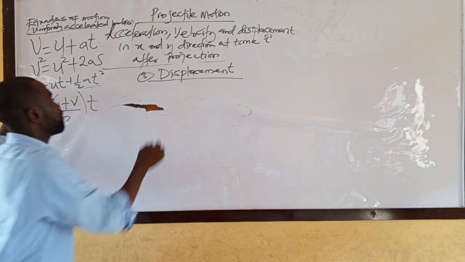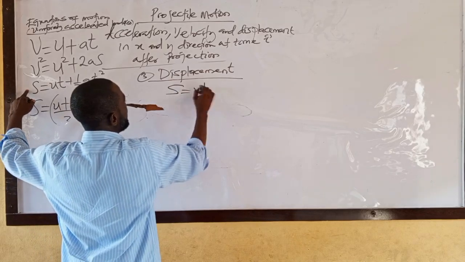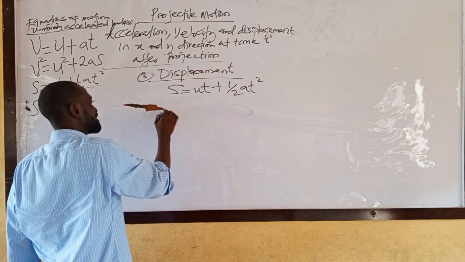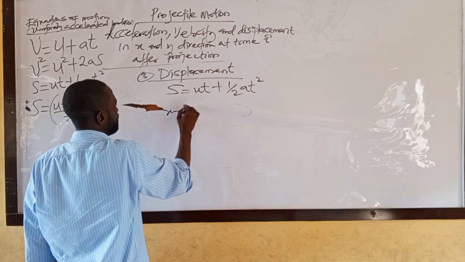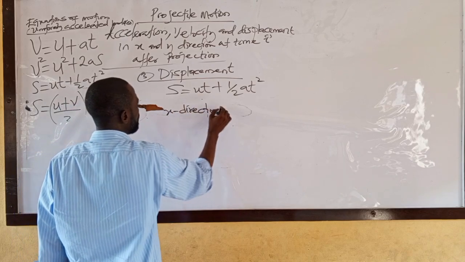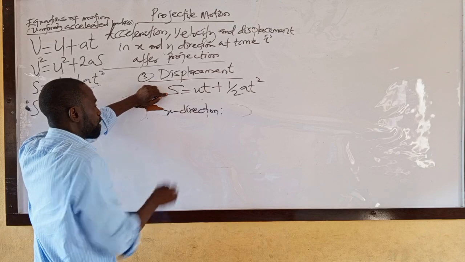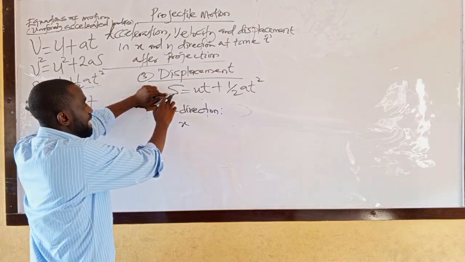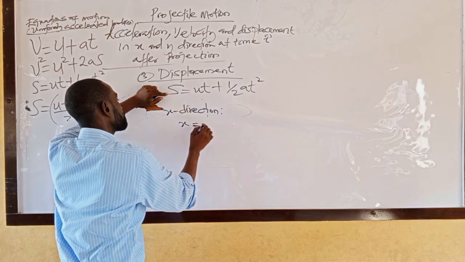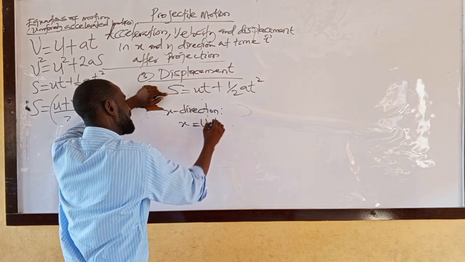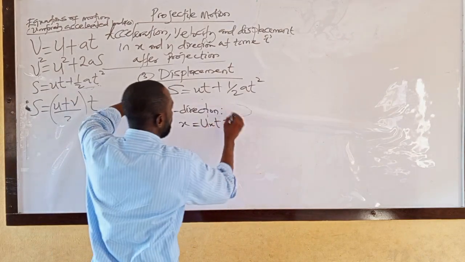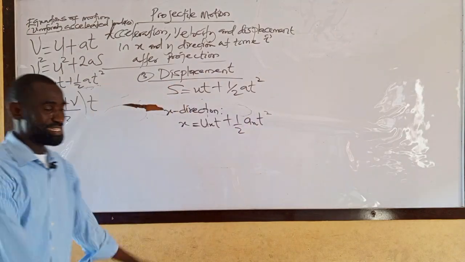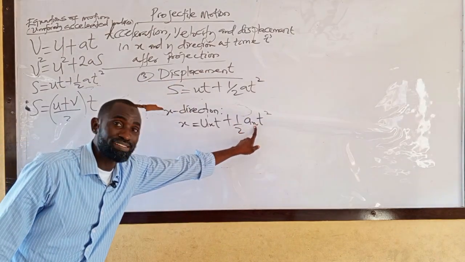So we have x equals ut plus half at squared. Let's take the x direction first. x equals uxt plus half axt squared. What is our ax?